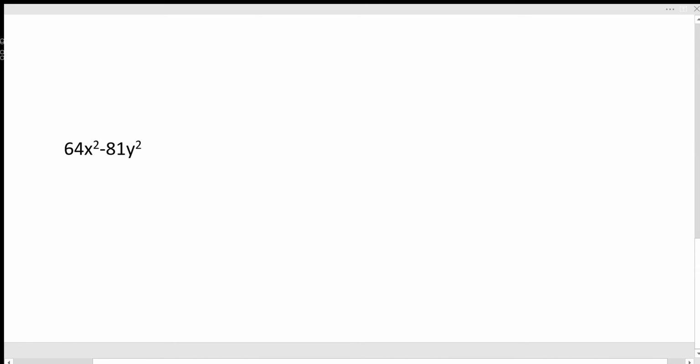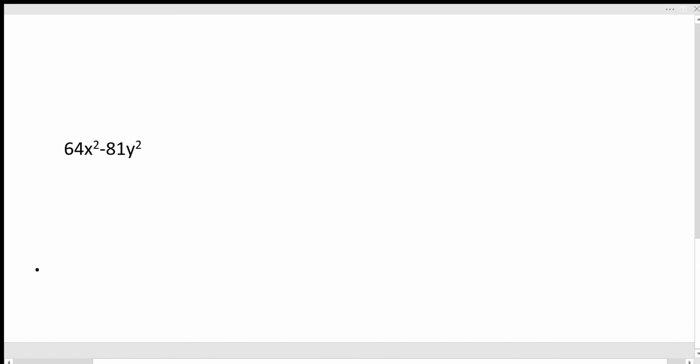This one we have 64x squared minus 81y squared. So this one's a little bit more tricky because we have numbers in front of our variables. But our formula will still work as long as these coefficients are perfect squares, which they are. We know that 64 is just 8 times 8, and 81 is 9 times 9.